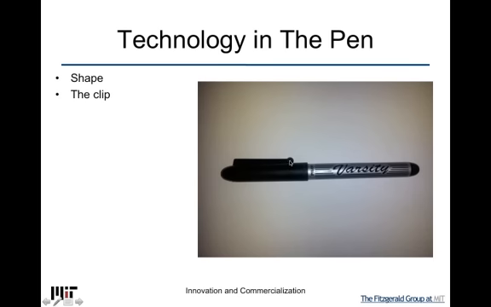The size, why is it about 4 or 5 inches in length and less than an inch in diameter? Why isn't it bigger, smaller, whatever? There is a range of sizes, so certainly size is one of the design features and piece of technology in the pen. The materials you choose, so materials inside the pen are critical. For example, this pen here is a disposable variety, and so something that we're not considering right now, but will fold in later, is cost.